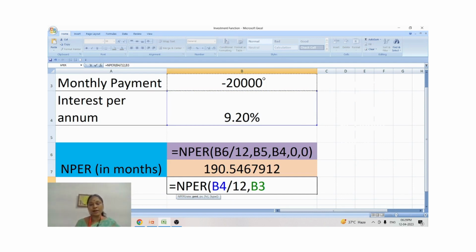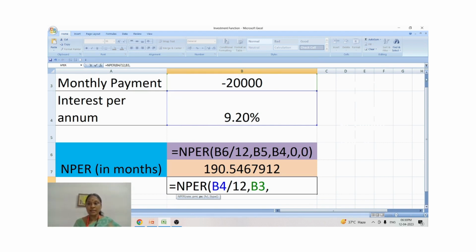The reason is that the answer given by the NPER function is in terms of months, so we have to convert the entire yearly interest rate into a monthly rate. That's why I divided it by 12, and this is the payment which I'm going to make.